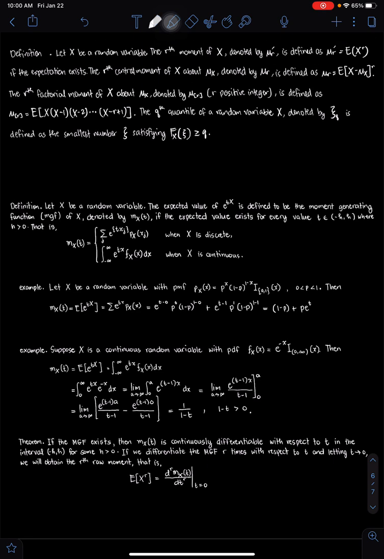So we have the expected value of a random variable X raised to the third power, this is the third raw moment. The expected value of X to the 4 is the fourth raw moment.